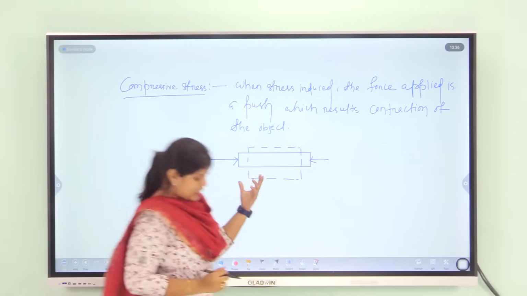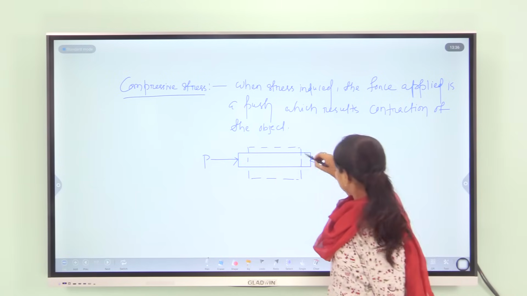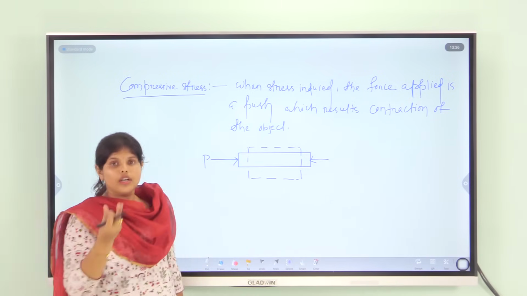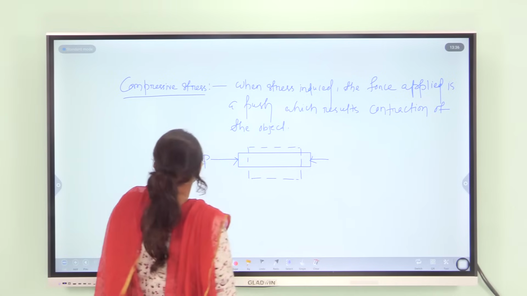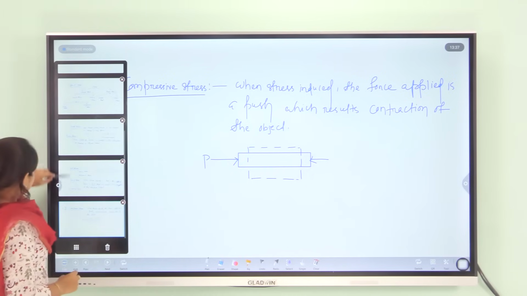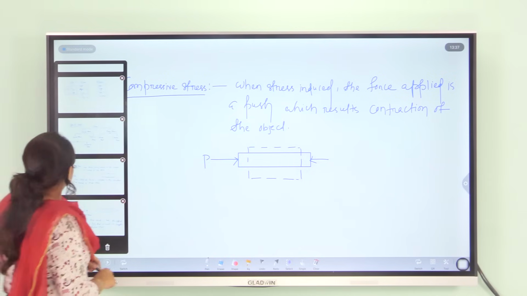On the length side. It will also elongate on the other side like this. If length contracts, width elongates. Okay. So, we have studied direct stress, compressive stress, shear stress and all.